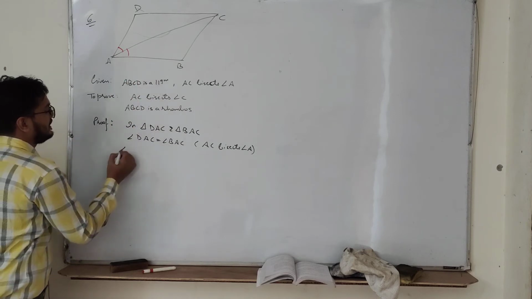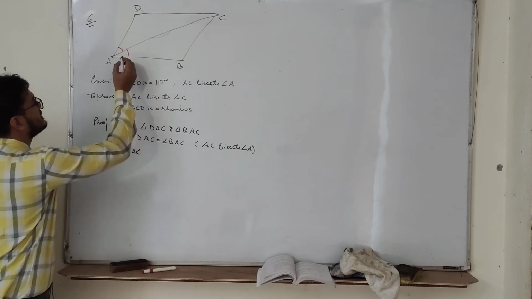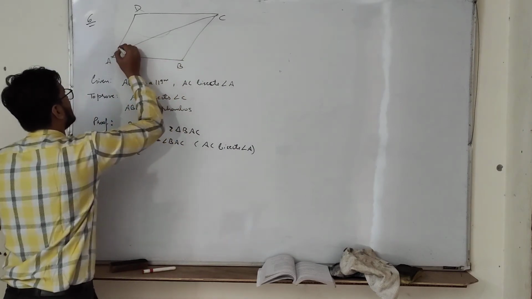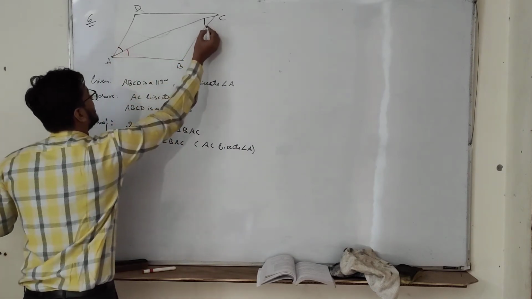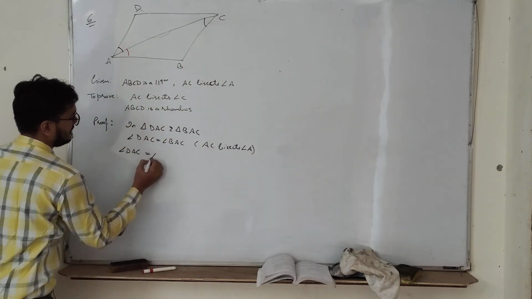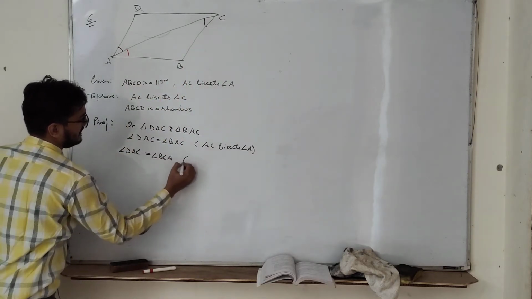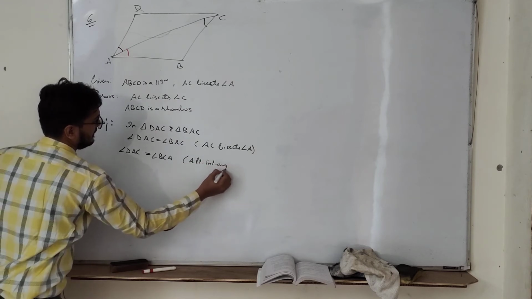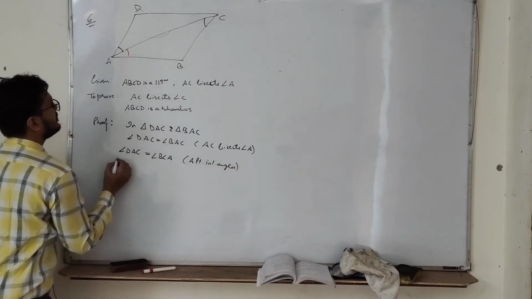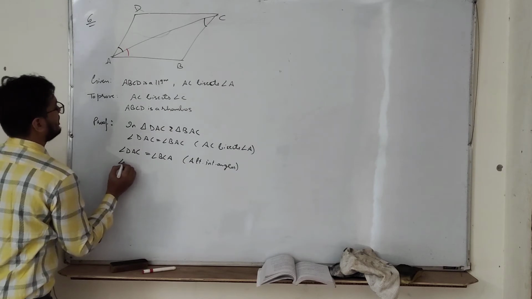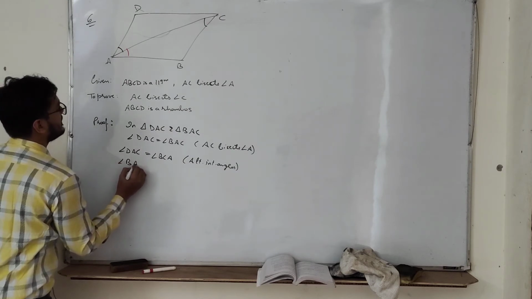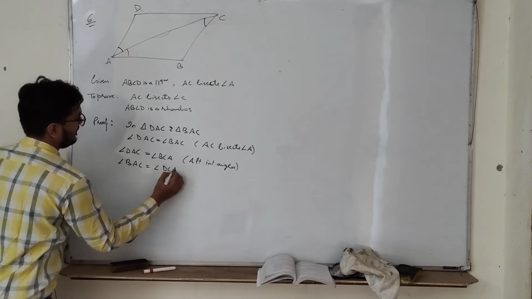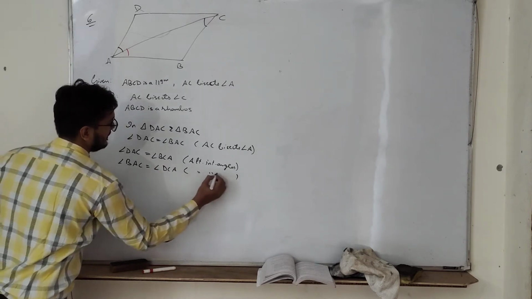Angle DAC is equal to angle BCA. Reason: alternate interior angles, right? Also angle BAC is equal to angle DCA. Same reason, alternate interior angles.